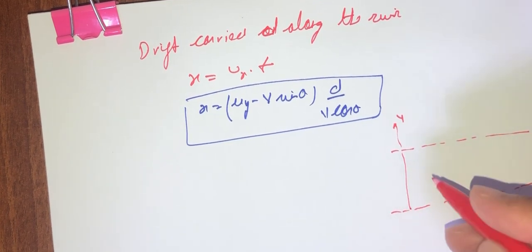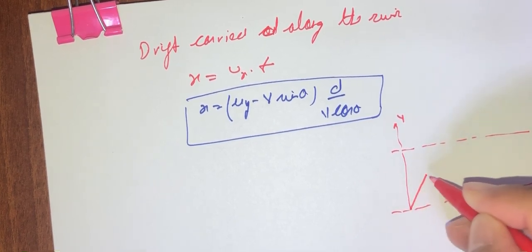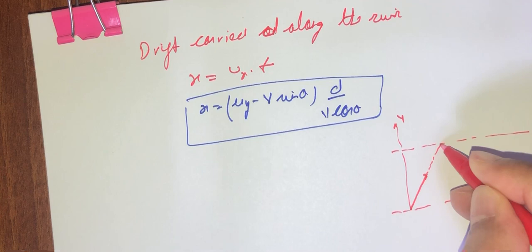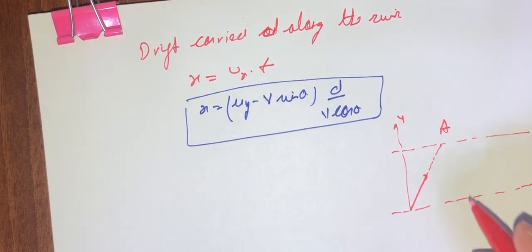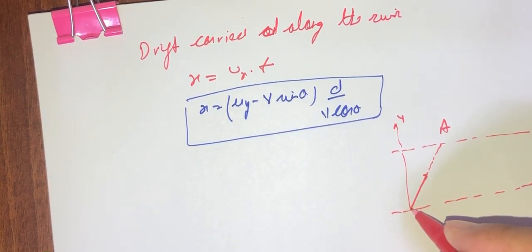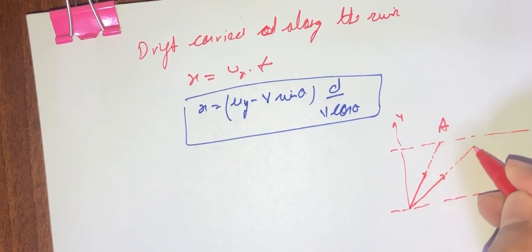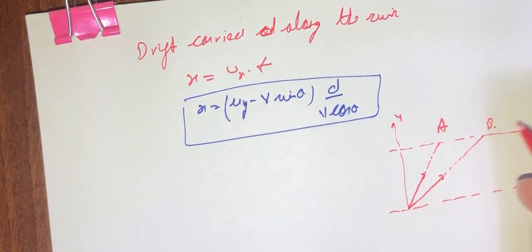Now the swimmer wants to go in this direction so that it reaches point A, but because of the river velocity it follows this path and reaches point B.